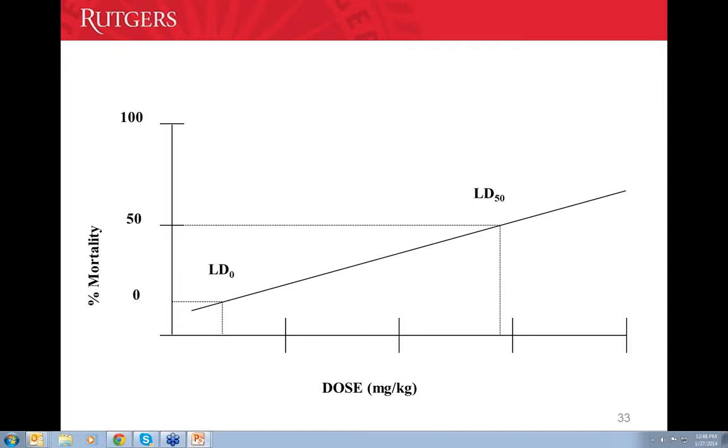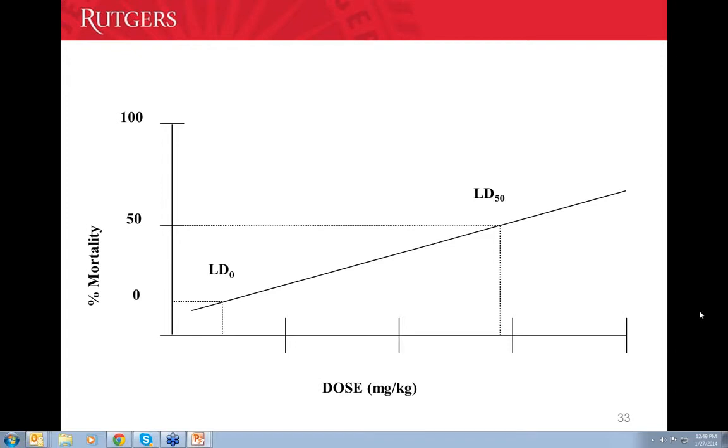So with our second chemical, we still have a wide enough range, enough of a margin of safety that we could make a mistake and still probably not have a serious public health problem.